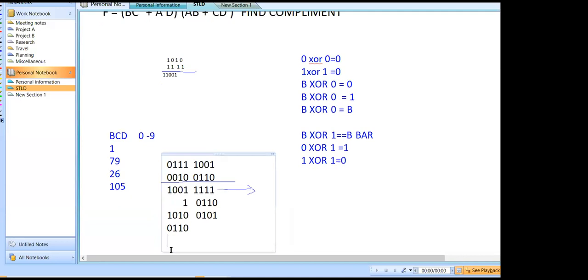Then you will get the result as 0 0 0 0 and 1 as carry.